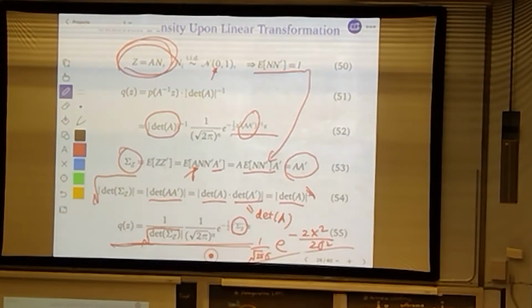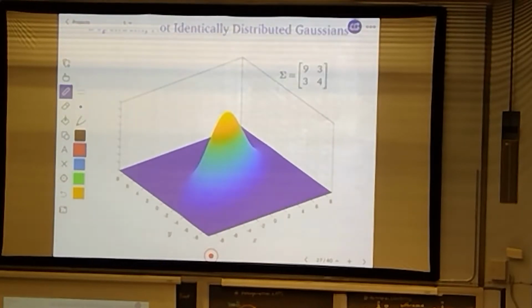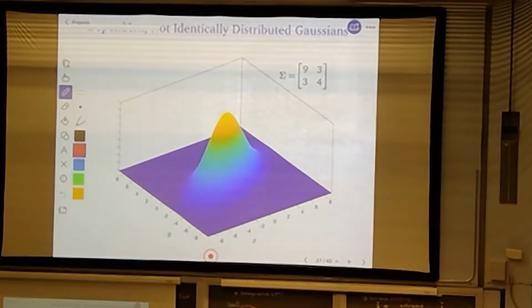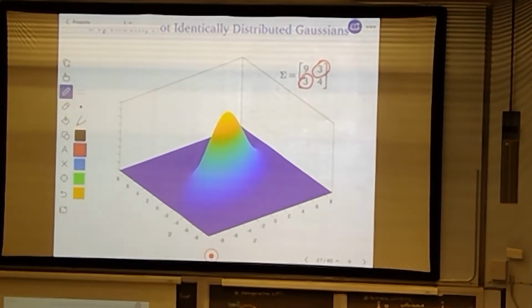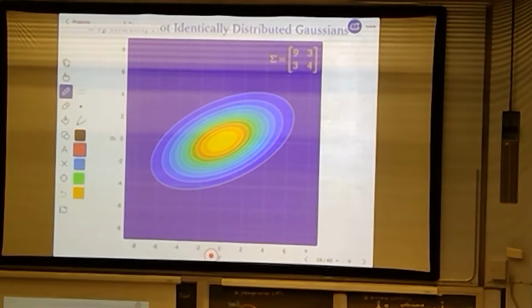Okay, since we have that, let's continue our example. Now we can actually handle this. I'm introducing a cross-correlation term between x and y. It's no longer zero. You can see this Gaussian bump has turned a little, and in the contour map it's much clearer.